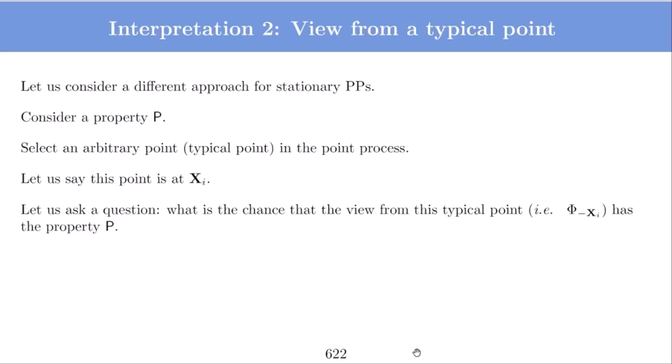Then you say that this new object, phi minus xi, the shifted version of phi, has a property P. And xi is a typical point, so you can choose any point. So the Palm probability of P means that the view from a typical point should have that property P.